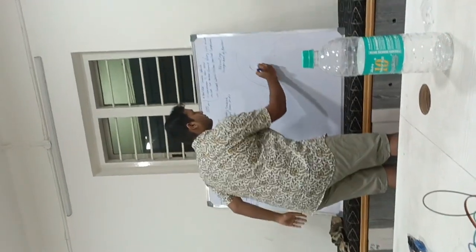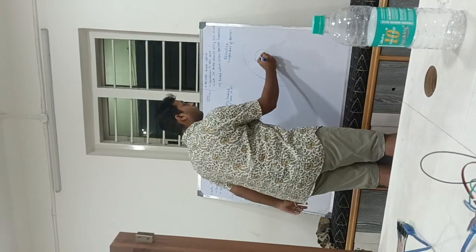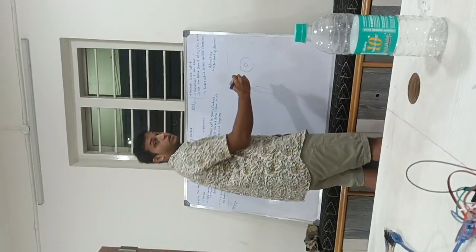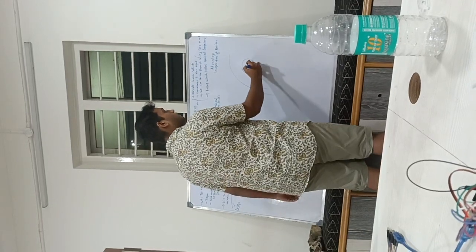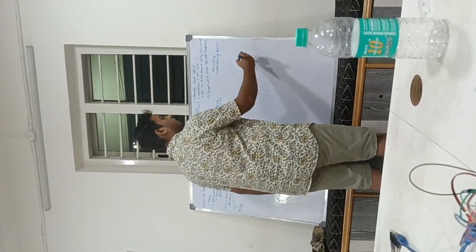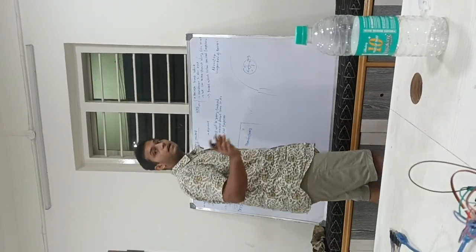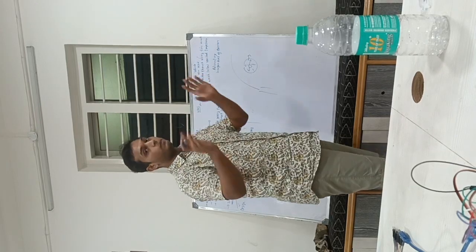Suppose this is our solid rocket motor, and thrust is coming out from this portion, and when thrust is coming out, this whole portion will fade away. This is a circular kind of geometry, the circular grain geometry.